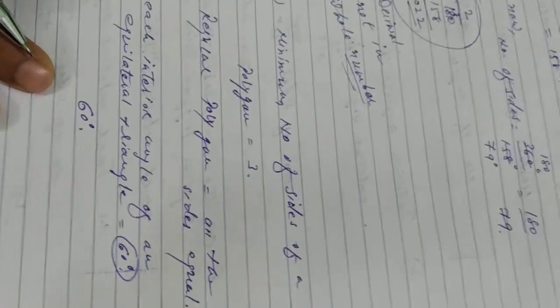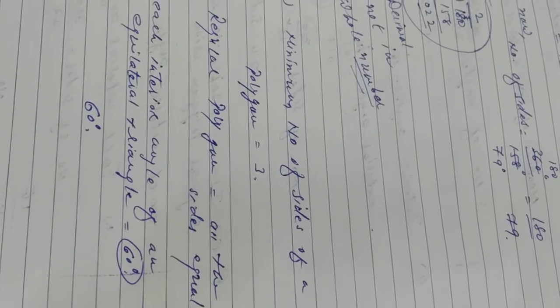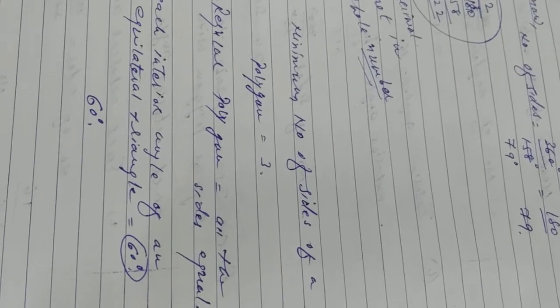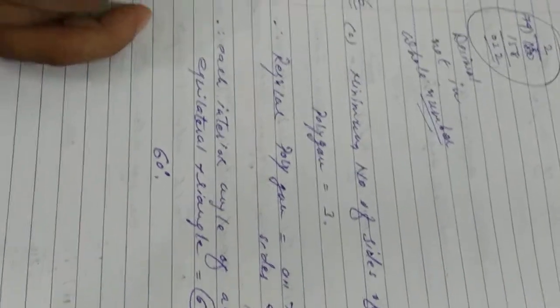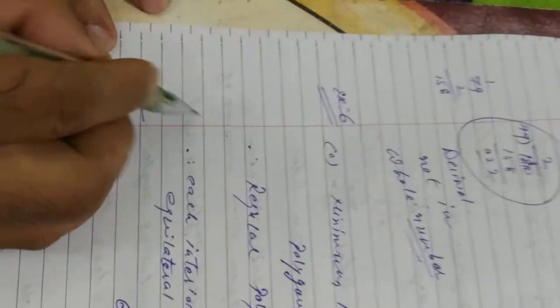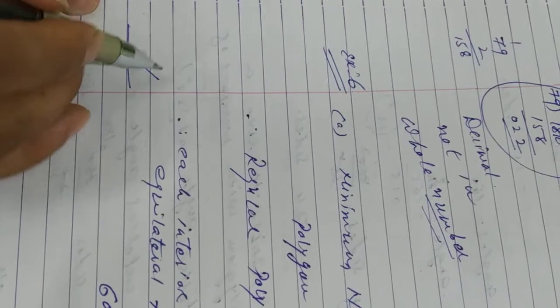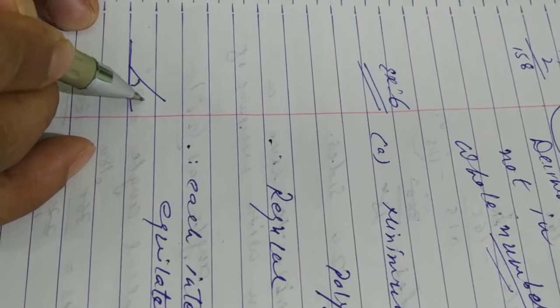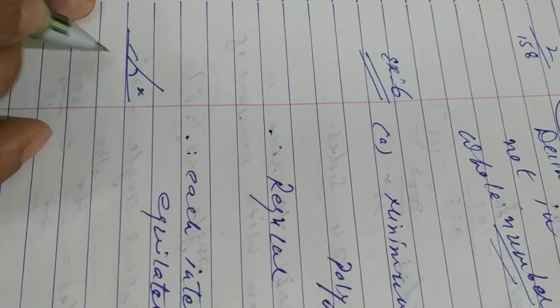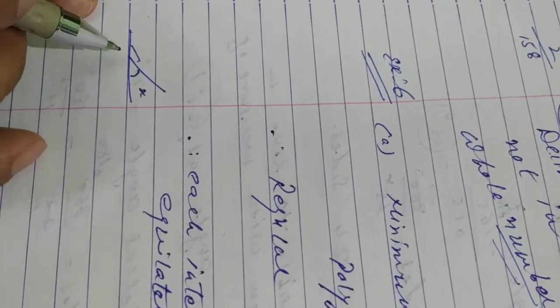See, however we have the minimum, the sum of an exterior angle and its corresponding interior angle is how many degrees? 180 degrees. Suppose one of them is exterior, then what is the measurement of it? It's a linear pair.